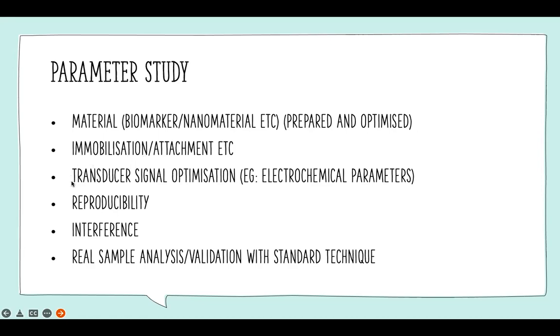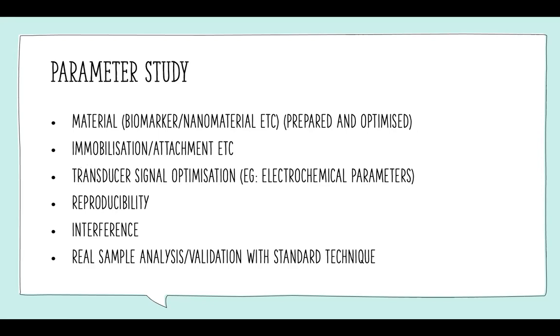Okay, the third one is, once you have put the biomarkers or nanomaterials with the right amount and the right chemistry, now you need to study the parameters according to the transducer. For example, if you're talking about electrochemical parameters, you have to study the potential, the scan rate, and the supporting electrolyte.